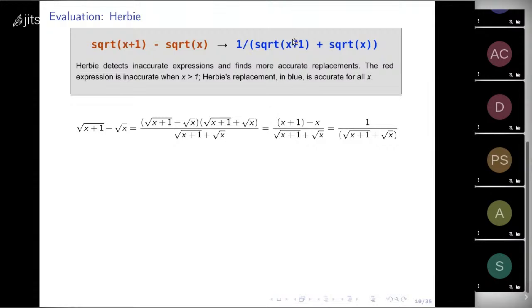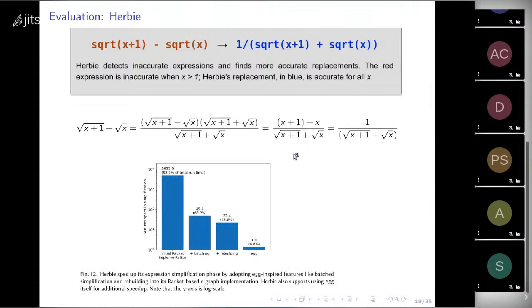Right, and they choose to use equality saturation. Their original implementation is in Racket, which takes this much time. And the final implementation that uses the library is like 4 orders of magnitude better. The graph is log scale, so this is 10 to the 1, this is 10 to the 4.